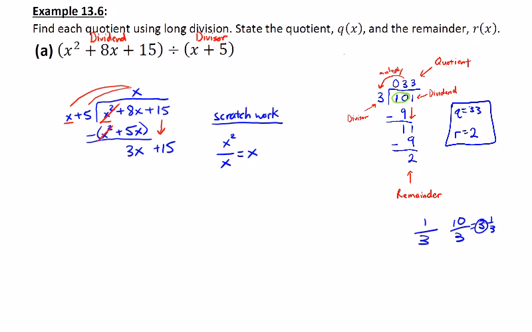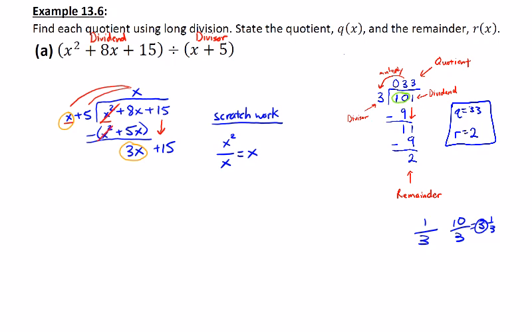So on the whole number example, we took 11 and we checked to see how many times will 3 divide into 11. Over here, we need to check to see how many times will x end up dividing into 3x. So 3x plus 15 becomes the new expression that we're wanting to play with.